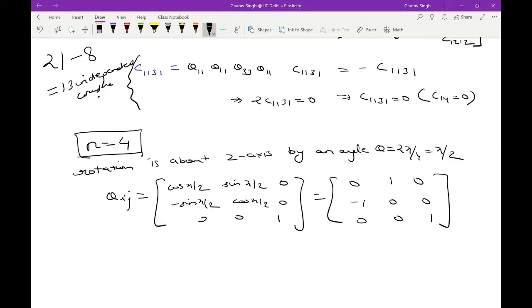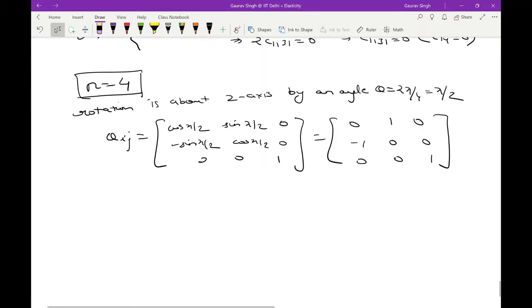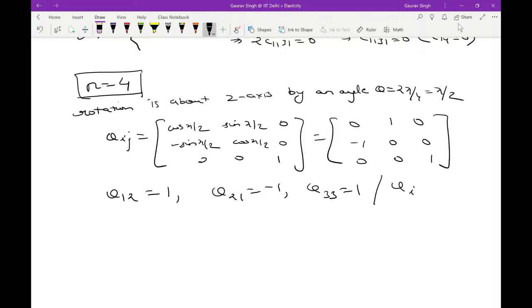So let's see what this does. Very clearly, you can see that q11 is equal to 0. Let's just write the non-zero terms, which is q12 is equal to 1, q21 is equal to minus 1, and q33 is equal to 1, and then qij is equal to 0 for everything else.